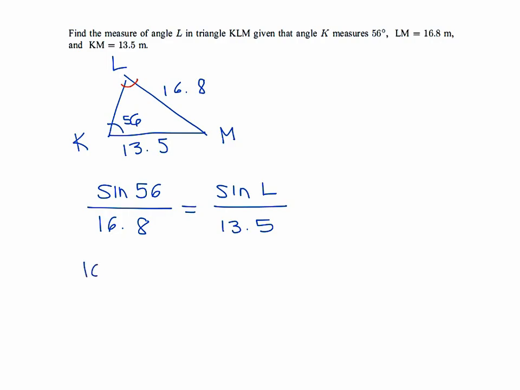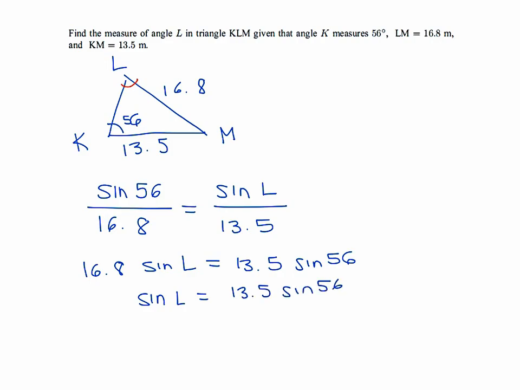So we get 16.8 times sine of L is equal to 13.5 sine of 56. To solve for sine L, we divide both sides by 16.8, so sine of L is equal to 13.5 times sine of 56 over 16.8.